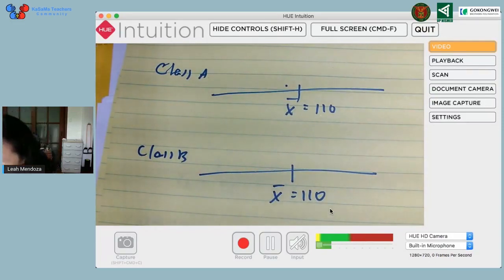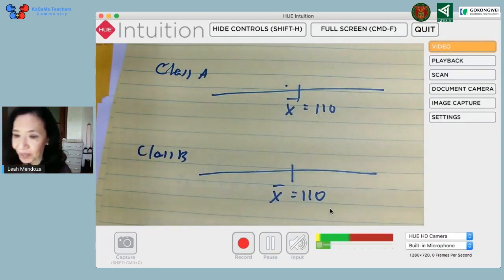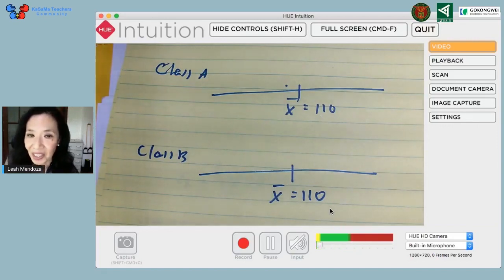Now, if I were a teacher and the principal said, "Oh, Leia, you choose between these two classes," as long as their average IQ is 110, both classes.